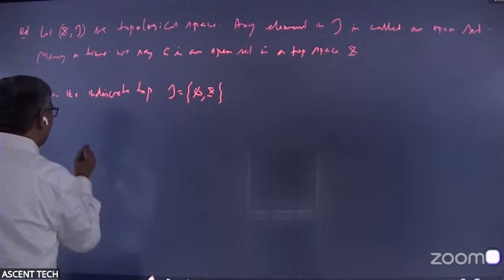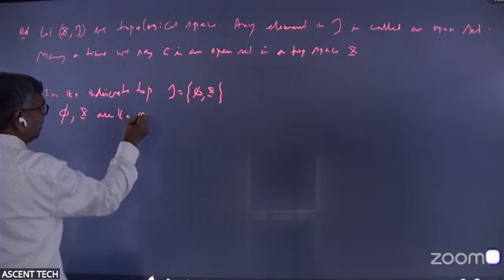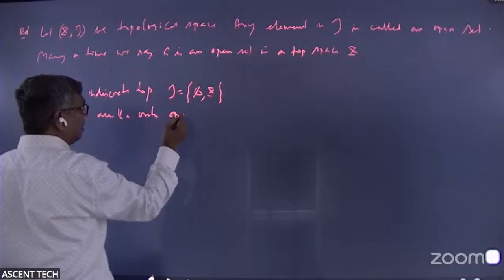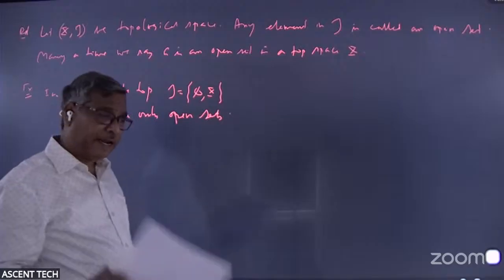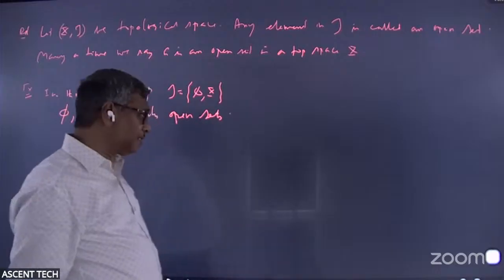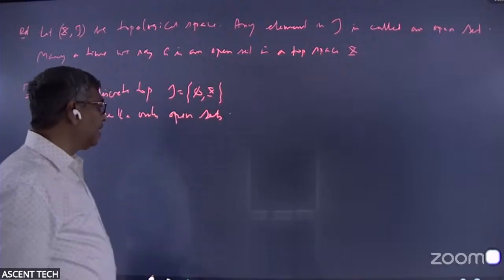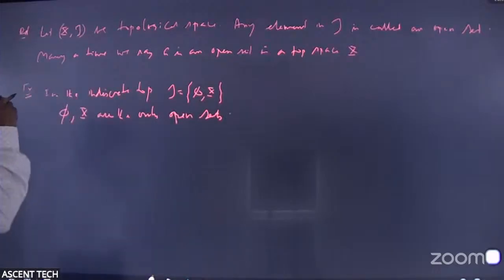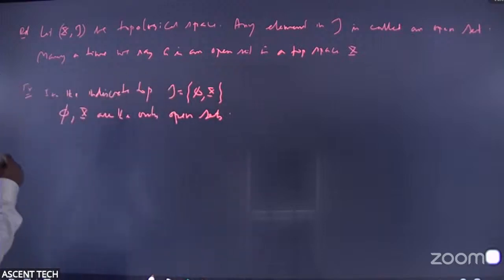Here the empty set and X are the only open sets. I will give you a lot of examples of topologies down the line. As yet, I do not have enough techniques to create too many topologies without enough work, so we'll slowly give you more and more examples. Indeed, the usual examples are most important, and we'll give those slowly. The empty set and X are the only open sets in it. Anything else is not open.